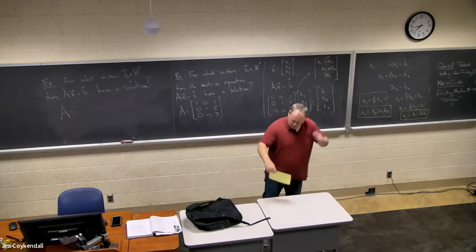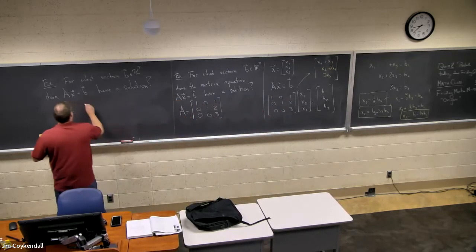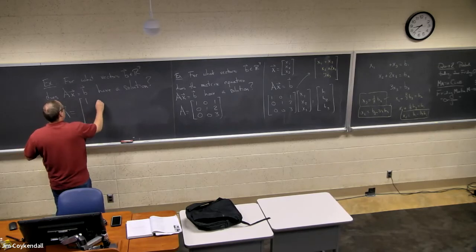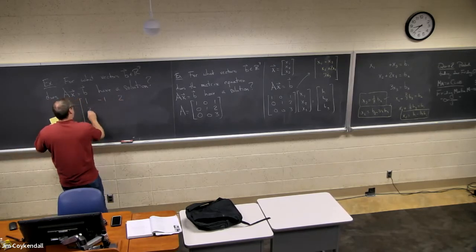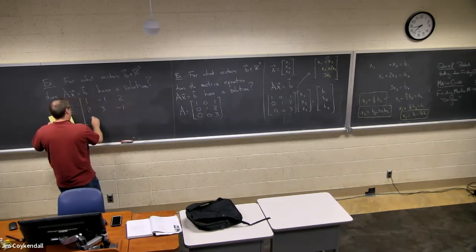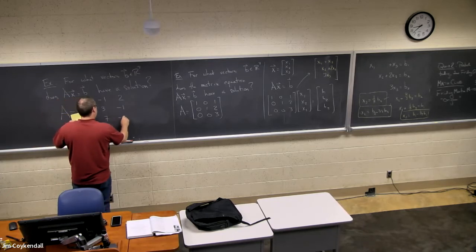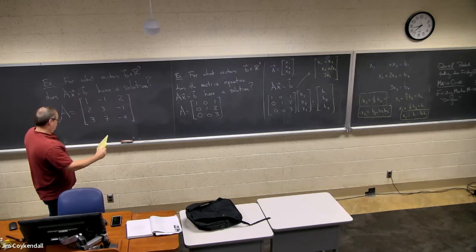What am I going to do here? I'm going to make this matrix 1, minus 1, 2, 2, 3, negative 1, 3, 7, minus 1. Right? 1, 1, 2.